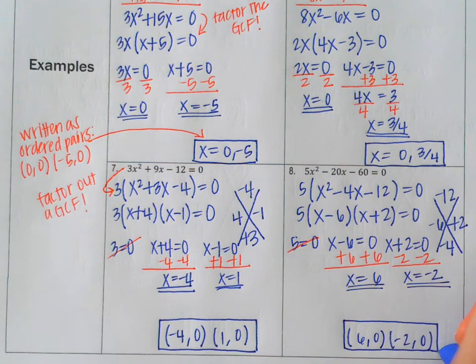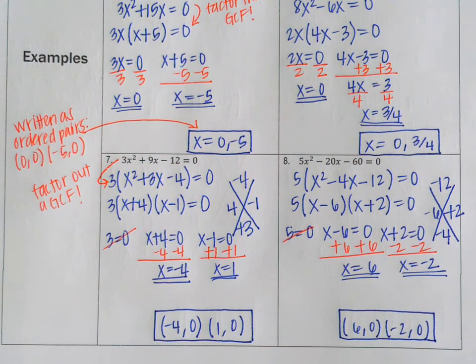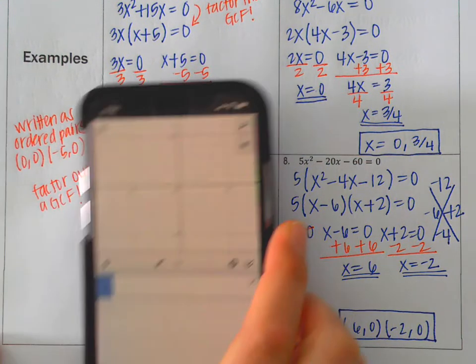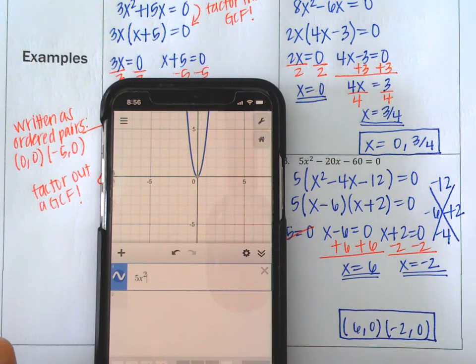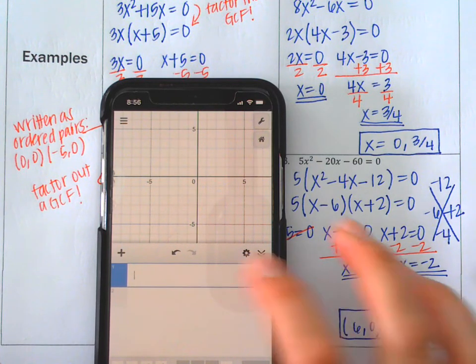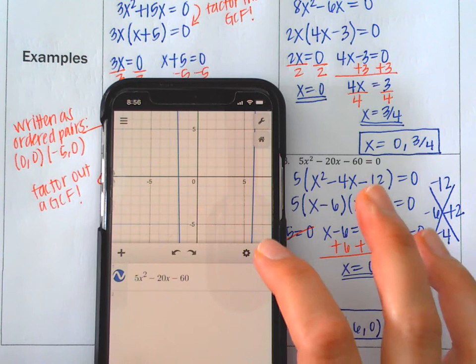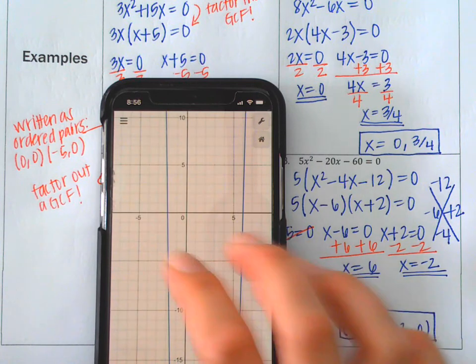Now, just to kind of bring it all back together, remember, this is showing you the 2 points where the graph is going to cross the x-axis. So if I were to graph this one, 5x squared minus 20x minus 60. Oh, there we go. I have my two solutions.